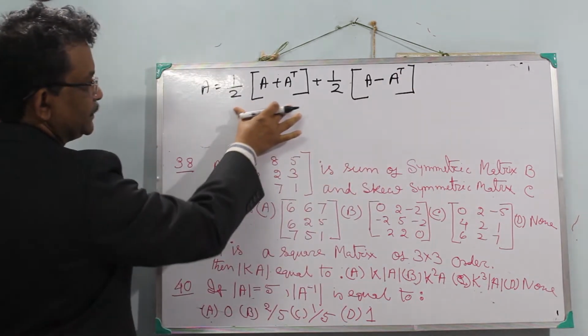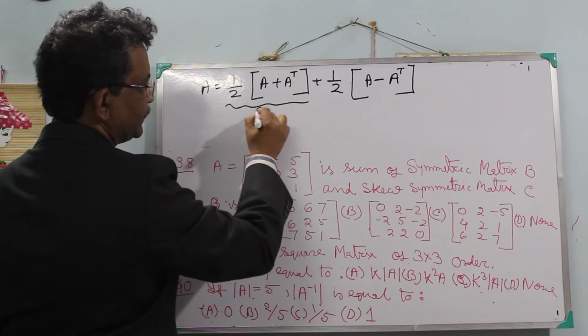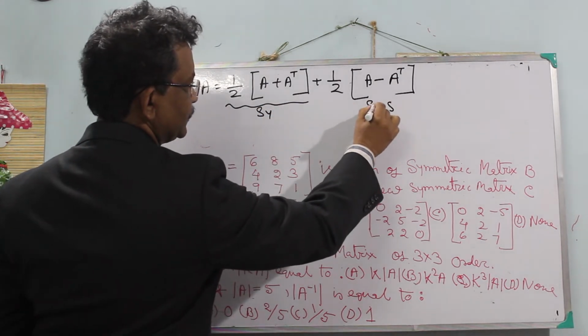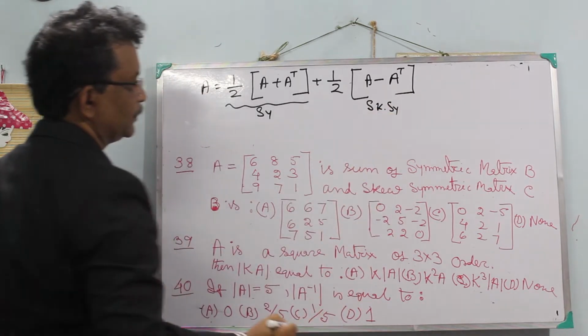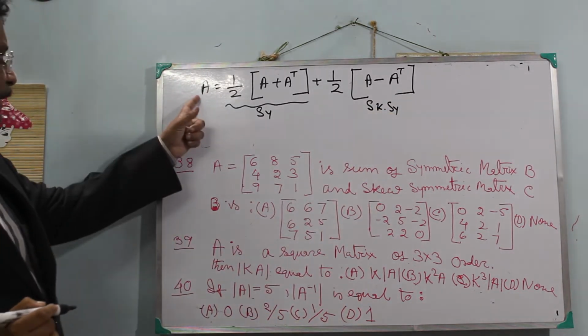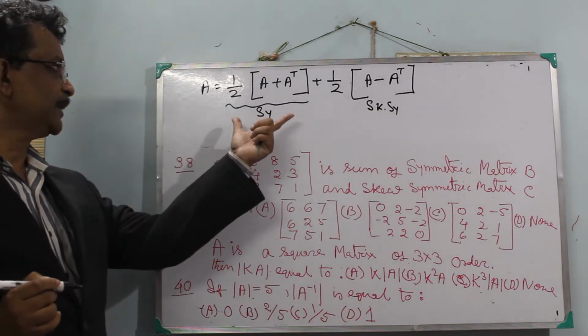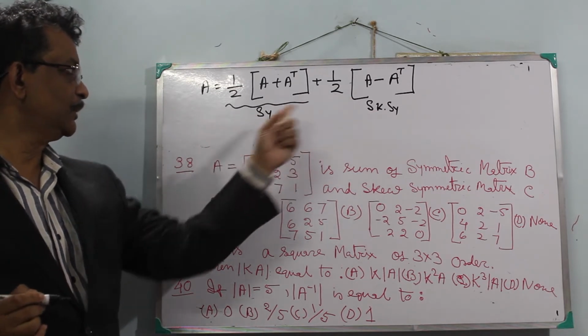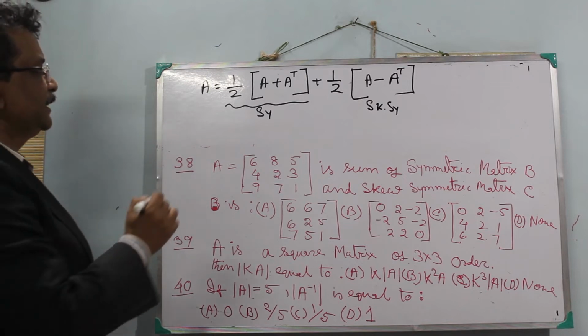This one is symmetric and this one is skew symmetric. So any matrix can be expressed as a sum of a symmetric and a skew symmetric matrix like this.